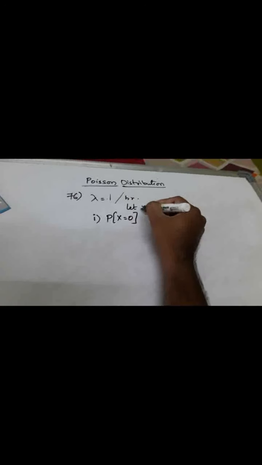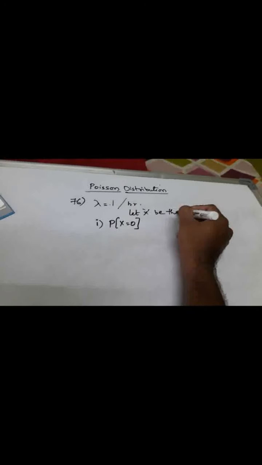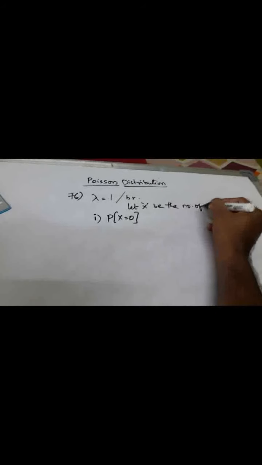Let x be the number of cars having demand. P of x equals to 0. That means both the cars are free. Use the Poisson distribution PMF, up to infinity, lambda greater than 0.